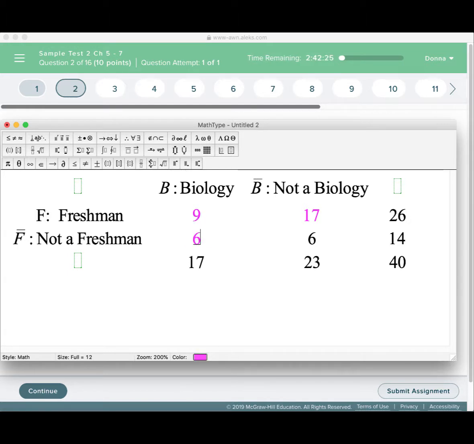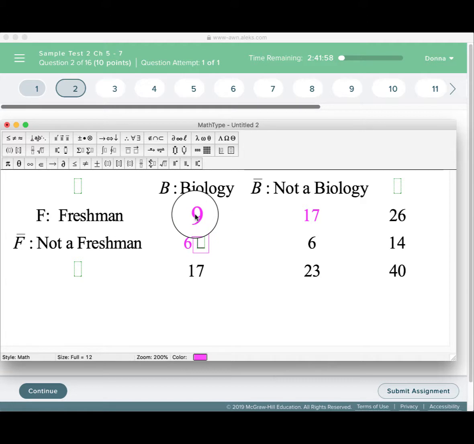Now we've filled in the table, and I want us to observe something. I notice that the neither is black, and then the other numbers that are pink, that represents or. That's the number that are freshmen or biology or both.